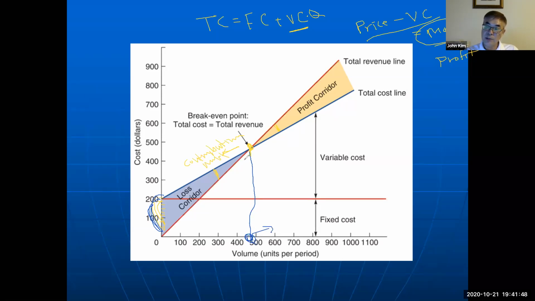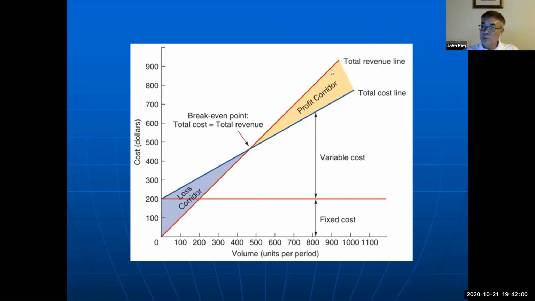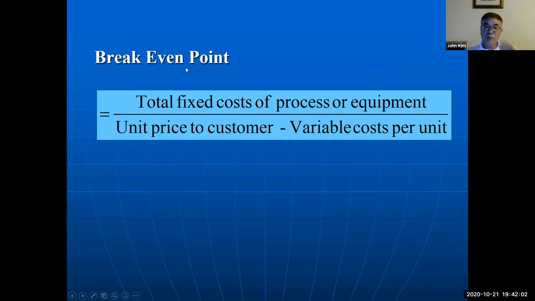So finding this volume is important. Break-even point equals total fixed cost divided by unit price minus variable cost.